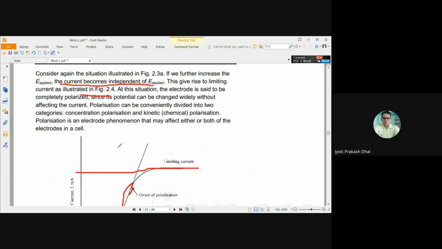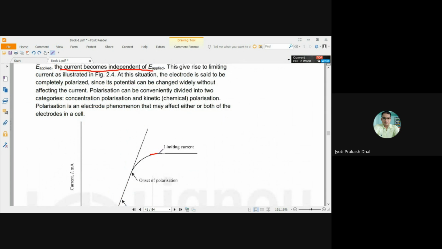From this graph, you can see a constant current is maintained when the applied voltage is increased to an excess value. At this situation, the electrode is said to be completely polarized, since its potential can be changed widely without affecting the current.